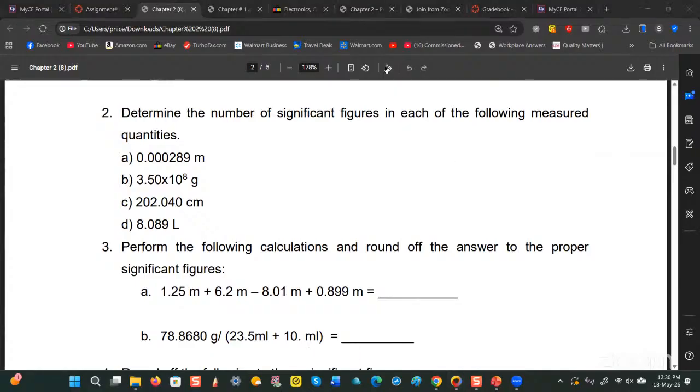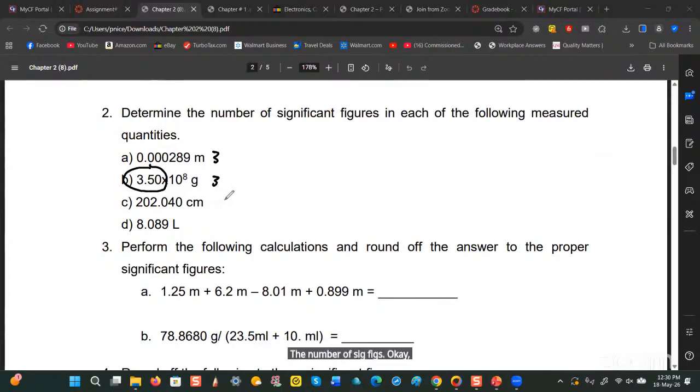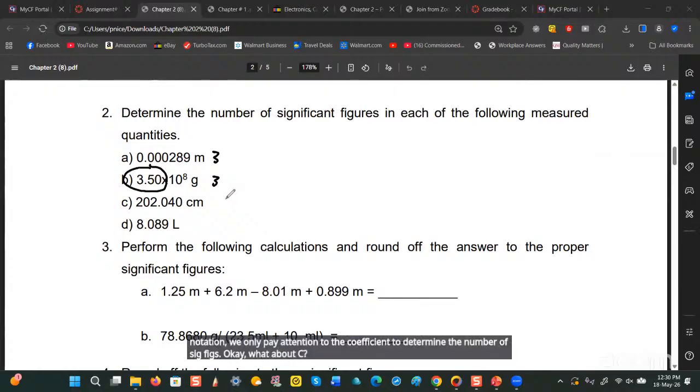3. 3, exactly. What about B? 3. 3 again. Remember, when it comes to numbers expressed in scientific notation, we only pay attention to the coefficient to determine the number of sig figs. Okay, what about C? 6 is indeed correct.